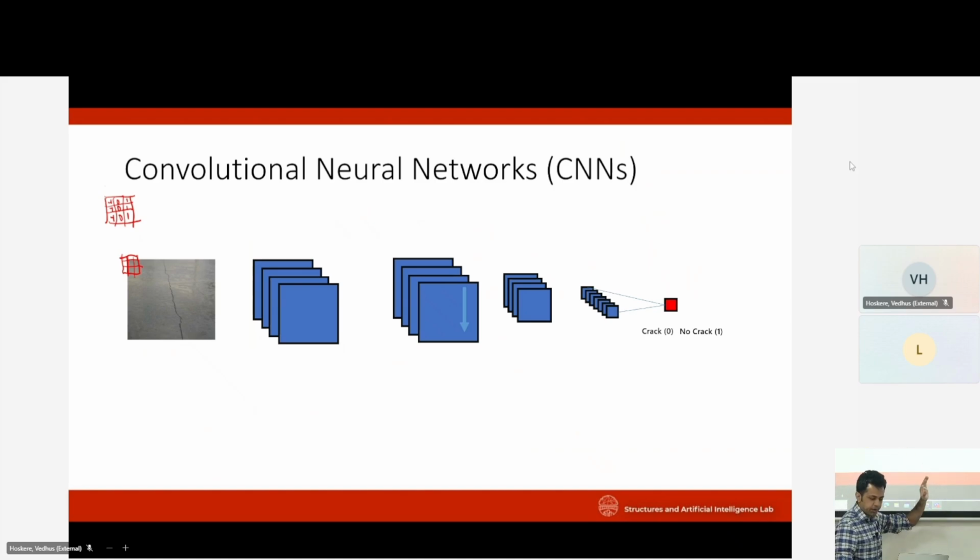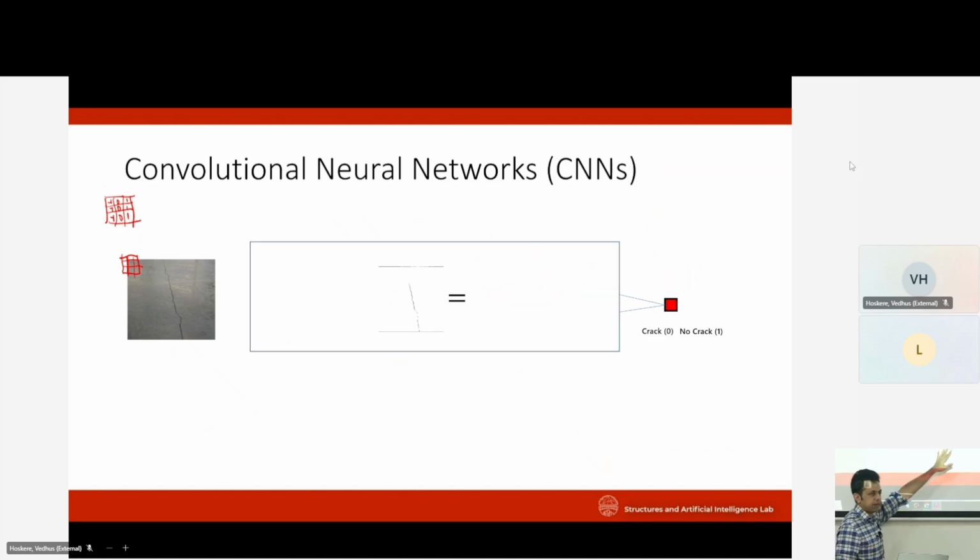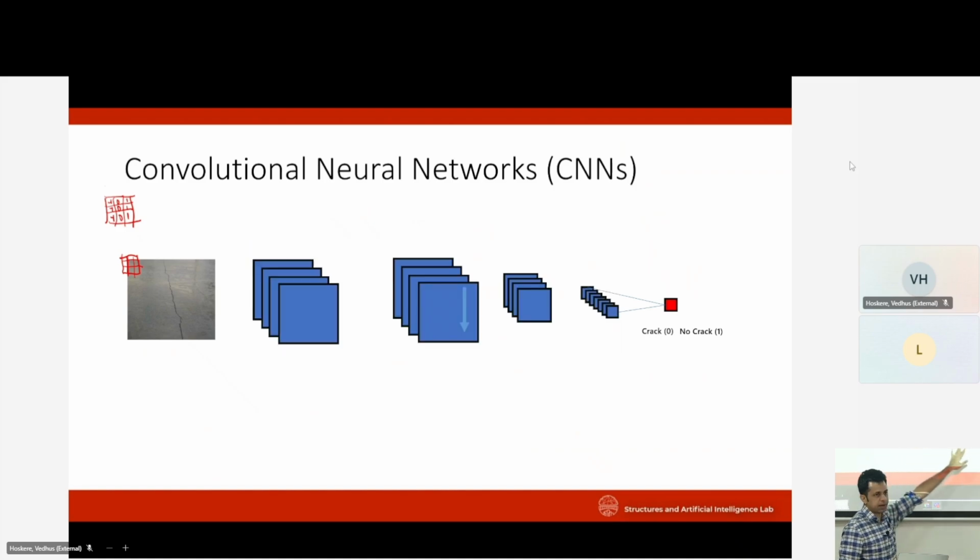What you get after you apply a filter is called a feature, right? So this would be a feature map, and so here I have a bunch of feature maps. You get the feature map after you apply a convolution, but that's not changing the size. If you apply many convolutions in parallel, then you will get many feature maps, right?